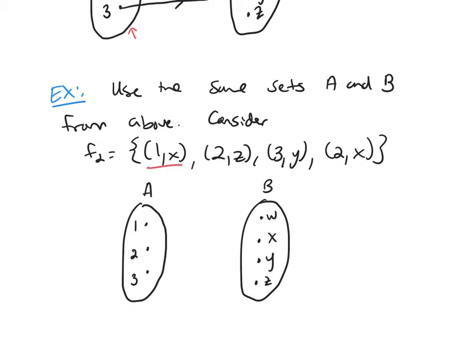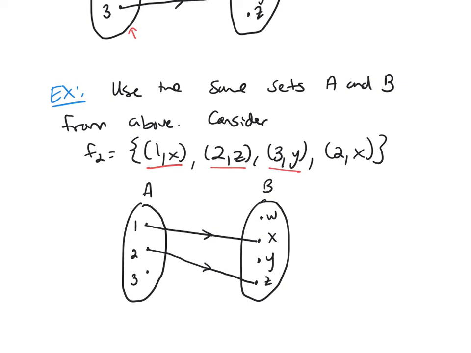So 1X, I'm going to draw an arrow from 1 to X. 2Z, draw an arrow from 2 to Z. 3Y is my next one.